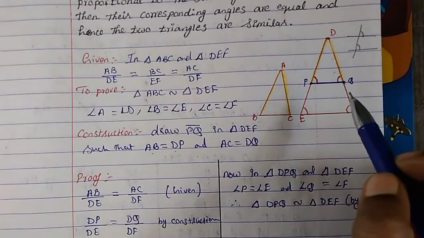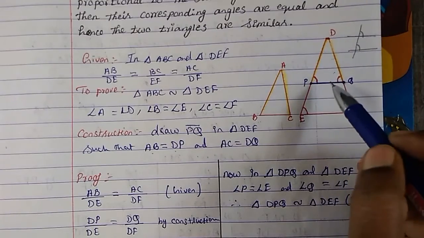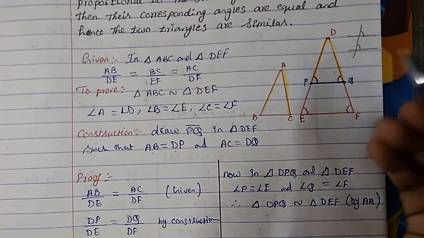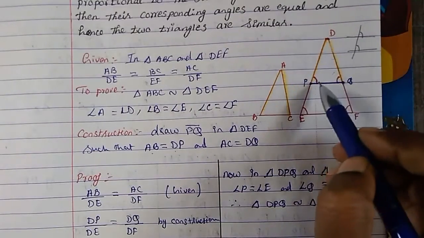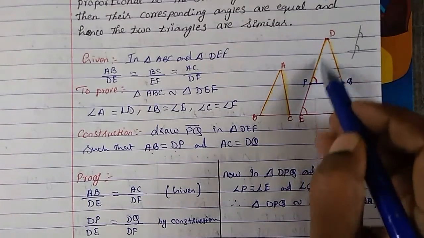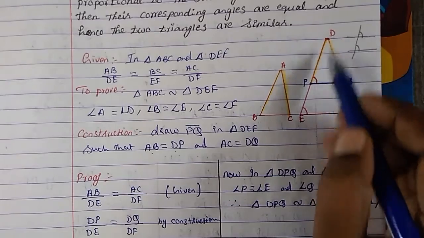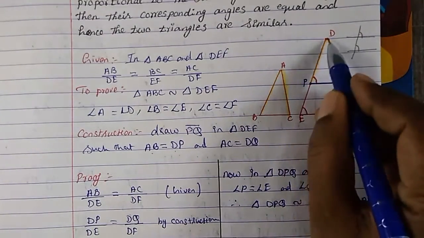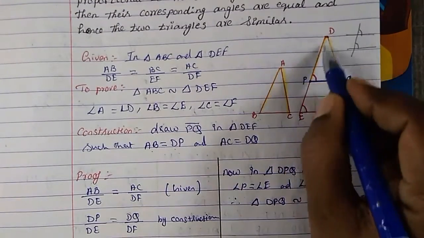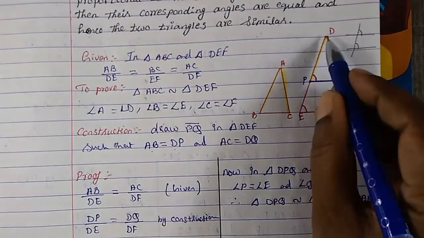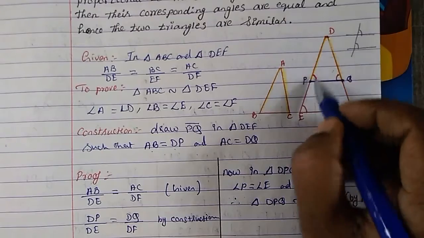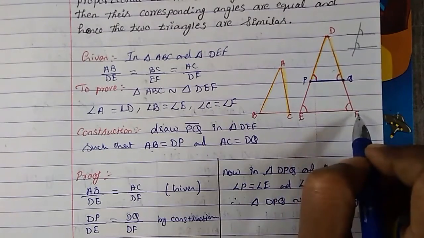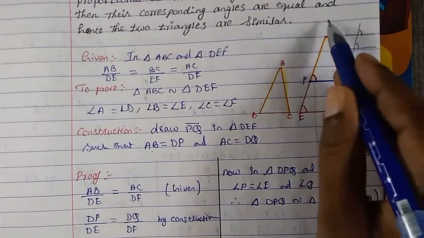Similar means the ratio of the corresponding sides will also be equal. That means the small triangle side DP upon the big triangle side DE, this small side and this big side, will be equal to this small side and this big side, and this small side and this big side.